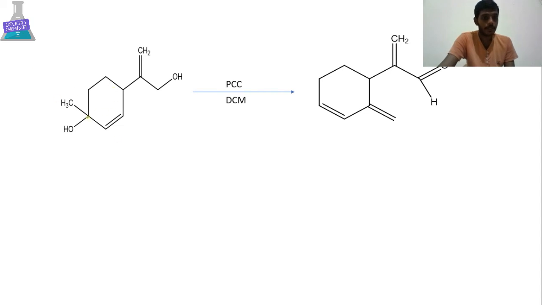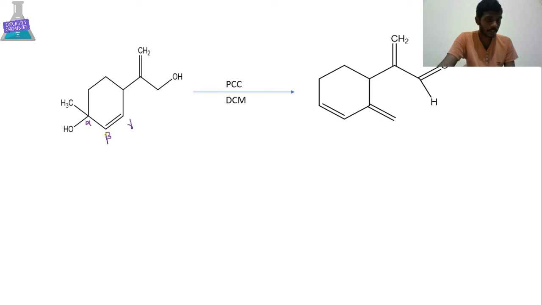See this example. See, this is alpha and this is beta and this is gamma. There is a double bond between beta gamma, and the alpha is present over here, forming the tertiary alcohol.